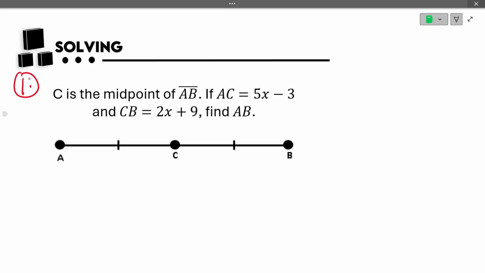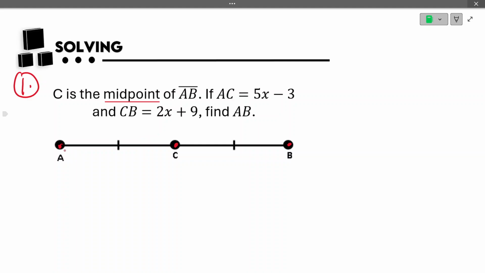Let's say this is the first item on the solving part. We have this line segment AB, okay? And in between this line segment AB, we have the midpoint C. When we say midpoint, it creates two equal parts on the line.